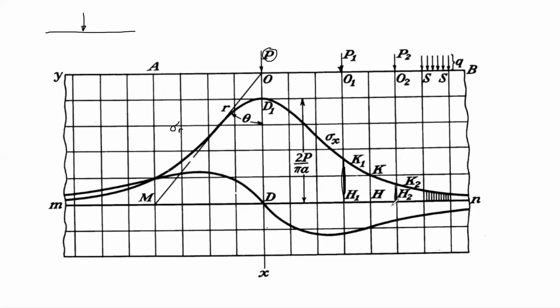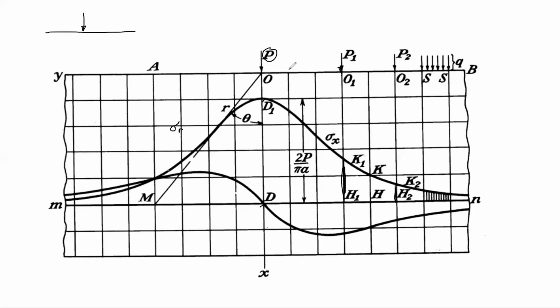Under the load P2, it would be this one. Now, I can add them up. What would be the stress at different location if all these loads are applied simultaneously at different points? If the load P is applied, the stress under that load is defined by D1.